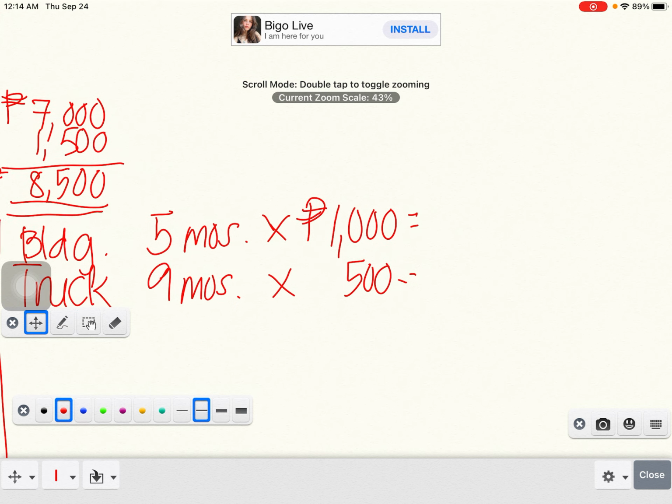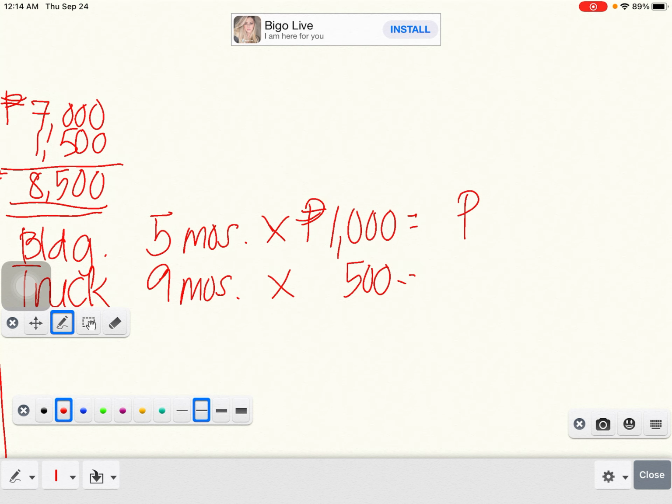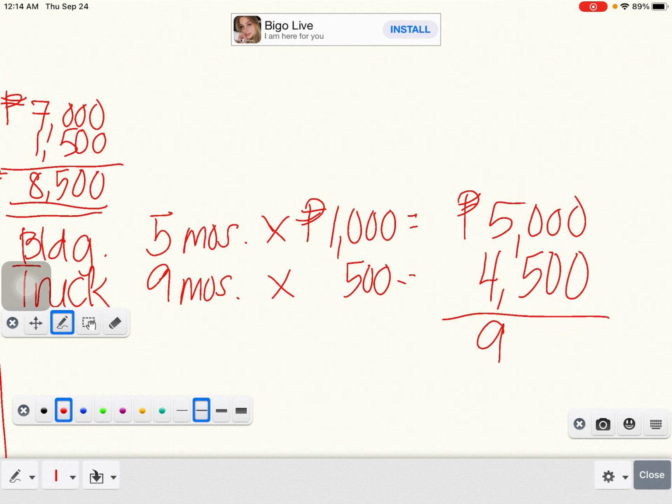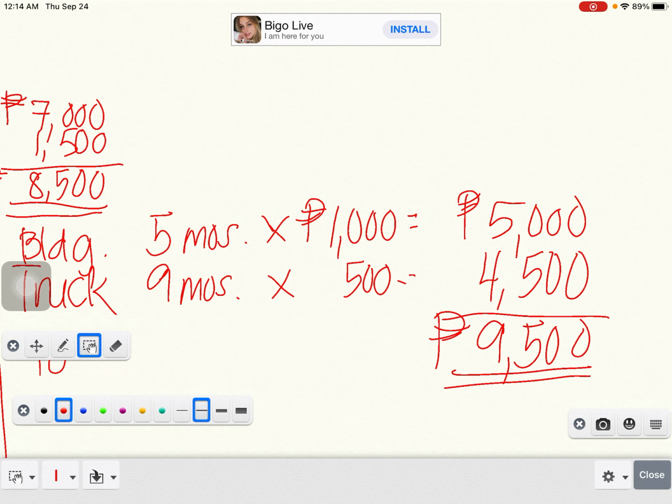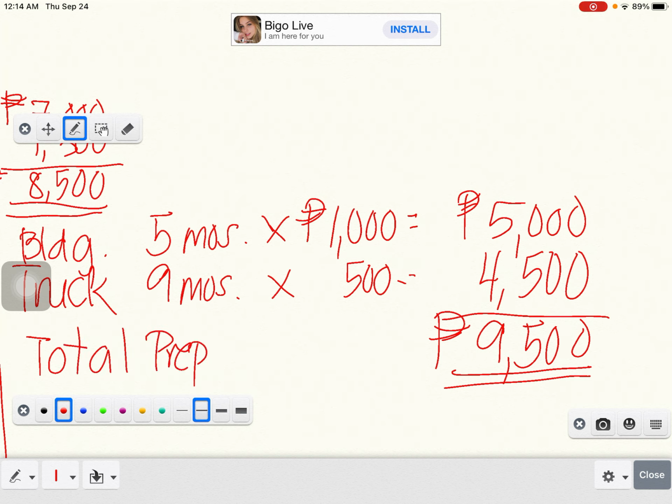So this should be 5,000. 9 times 500 is equal to 4,500. So you still have 9,500. Total prepaid insurance.